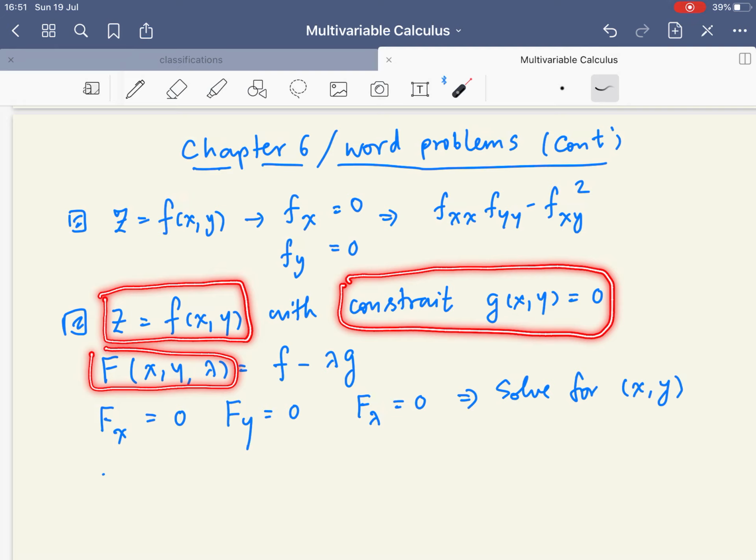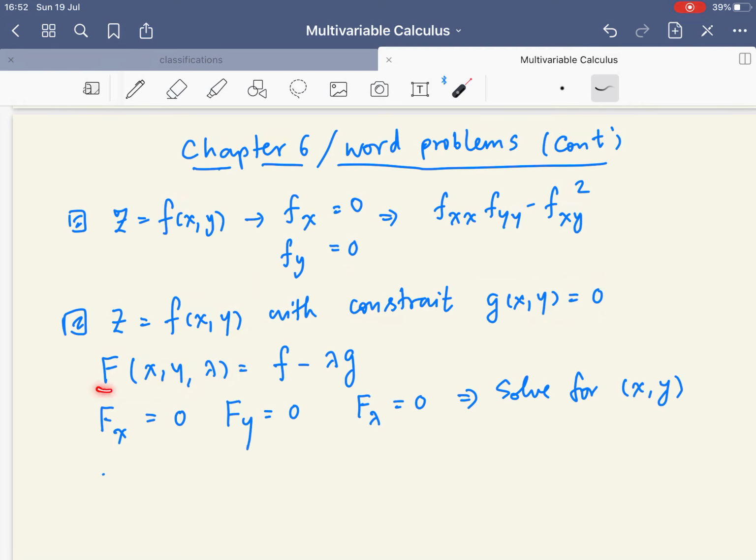To use it, you construct a capital F, which is small f minus lambda g, where g is the constraint. Then you find capital F sub x, capital F sub y, and capital F sub lambda, make them equal to 0, and solve for the point x y.